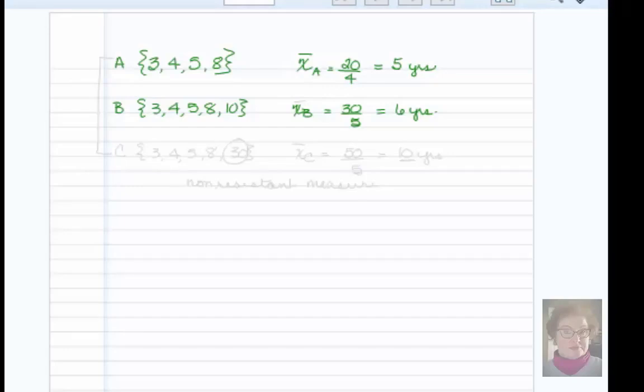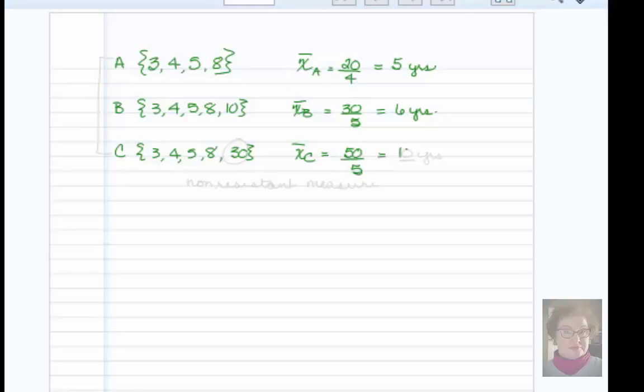age. But let's say the 10-year-old goes away, and we have a 30-year-old come in. So now the mean of set C is going to be, I don't think I did this very well, 10 plus 30 is 50 divided by 5.